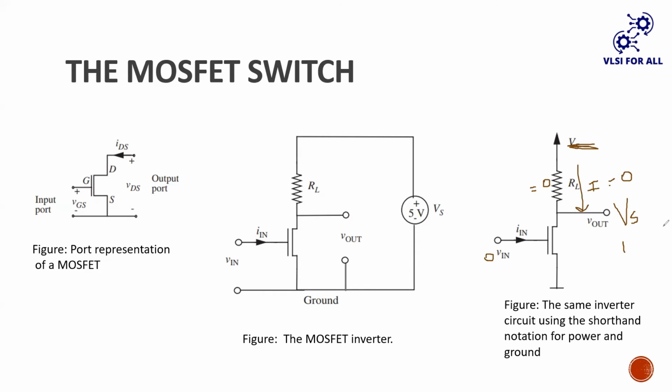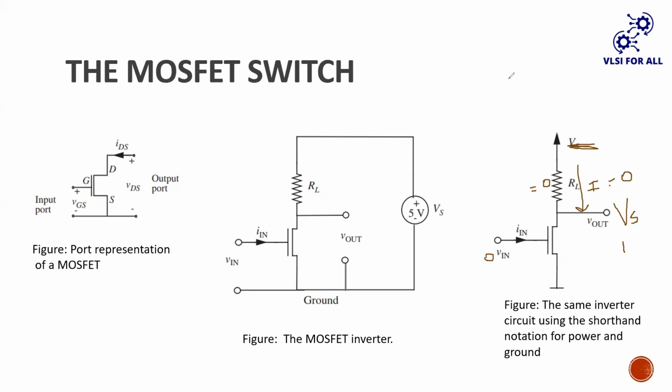That means inverter. Similarly, you can see the input is logic 1. Logic 1 obviously will be greater than VT. If the input voltage is greater than VT, then the device enters into on state. If the MOSFET enters into on state, it acts like a closed switch, because I am assuming the switch model. So there will be a current flow. Here, as I am assuming the S model, it acts like a short circuit.